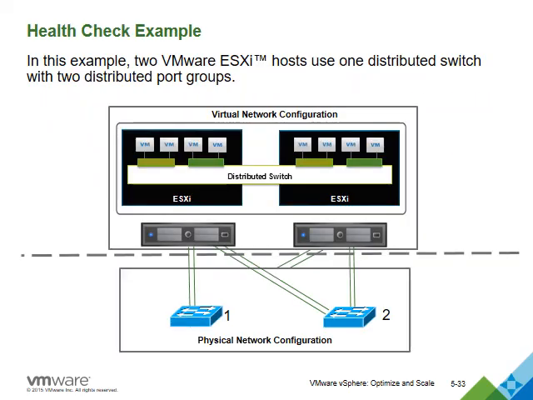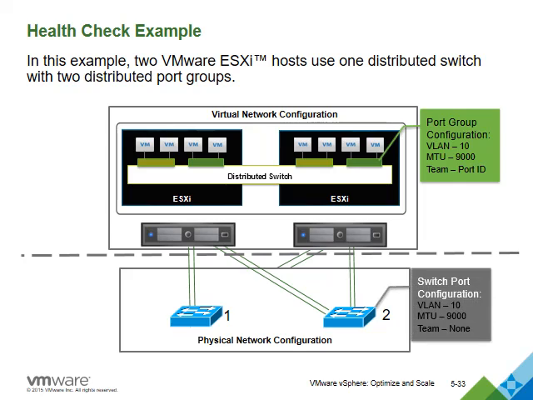Here's an example of a health check. We have two ESXi hosts that use one distributed switch with two port groups. So on this host, we have a port group. Our VLAN is 10 and our MTU is 9,000.